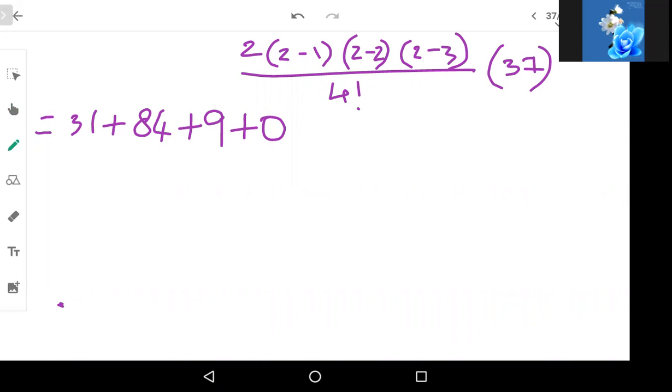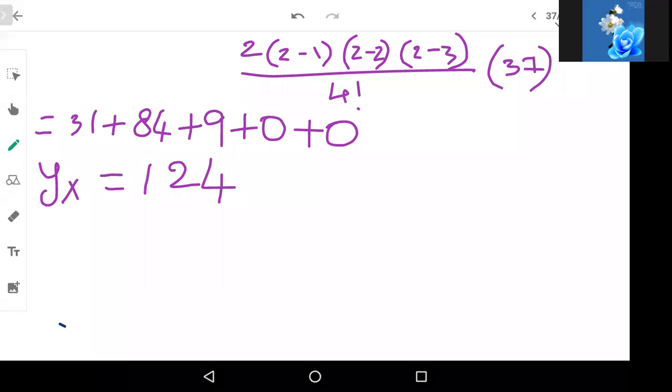Finally, 2 into 2 minus 1 into 2 minus 2 into 2 minus 3: again, 2 minus 2 is 0, so no matter what you multiply or divide with 0, the final answer will be 0. So what is the value of yx now? If you add all of this, 31 plus 84 plus 9 will be 124.